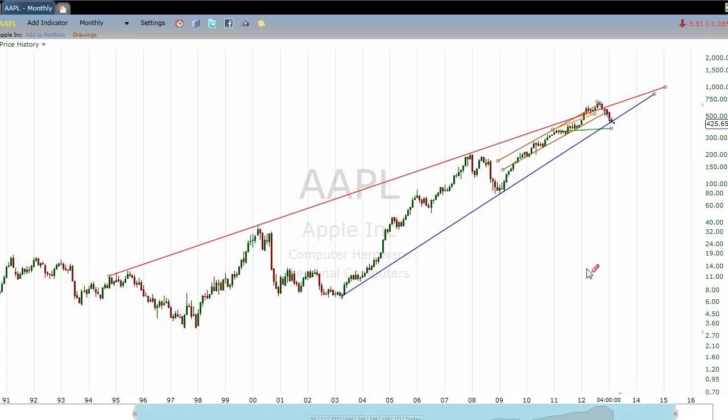But it's surprising how often you still see this. But the point is this, is that as Apple climbed, it started trading in smaller and smaller increments.